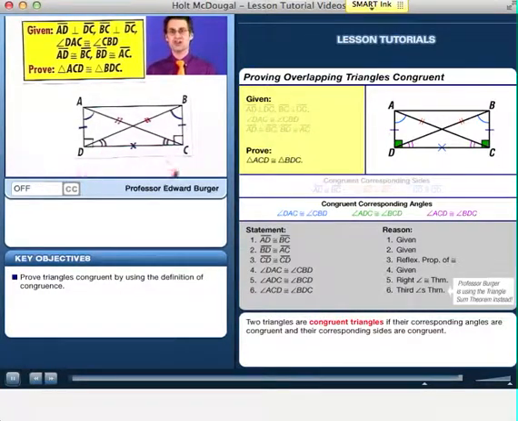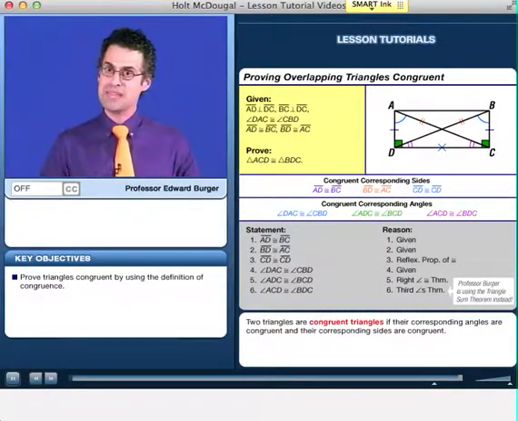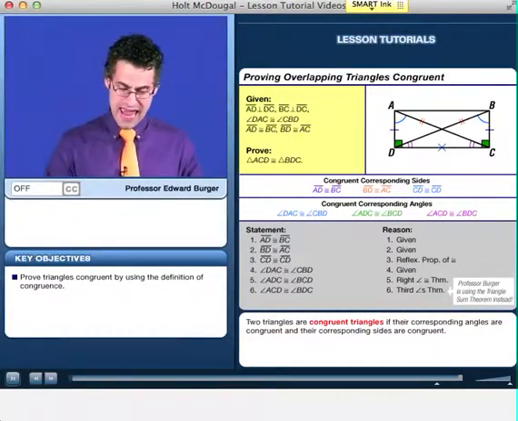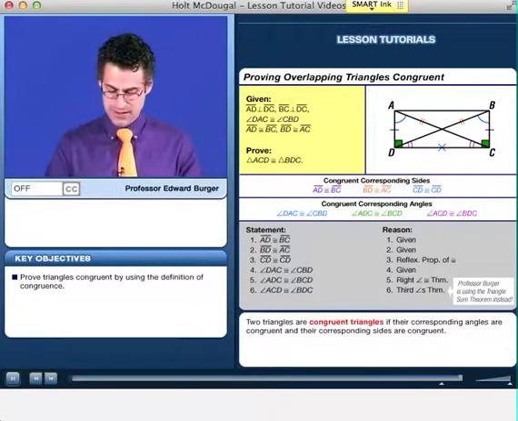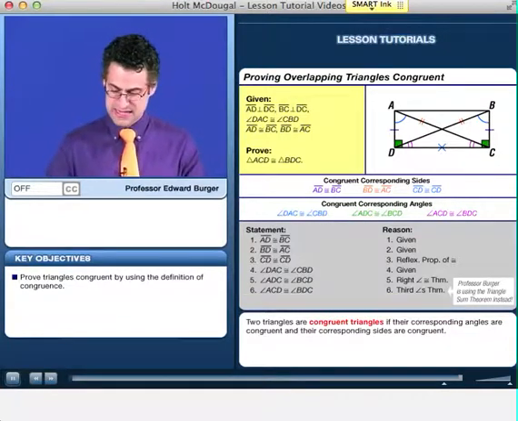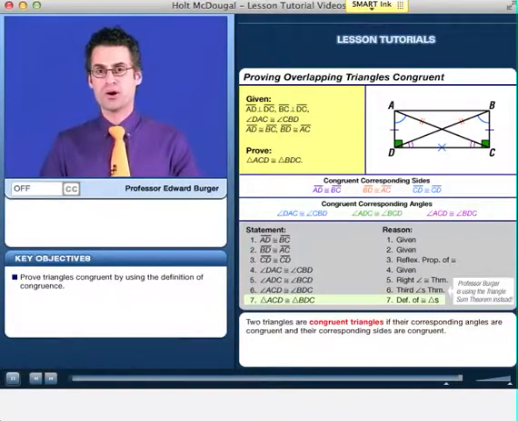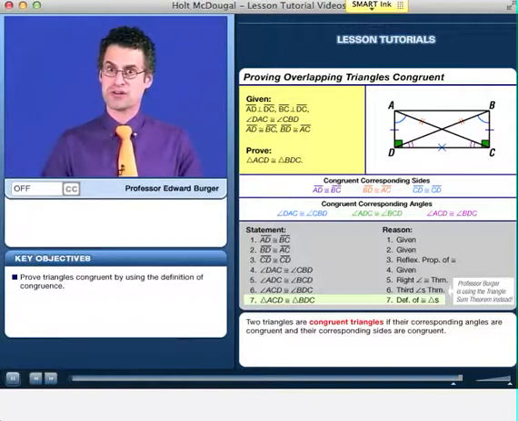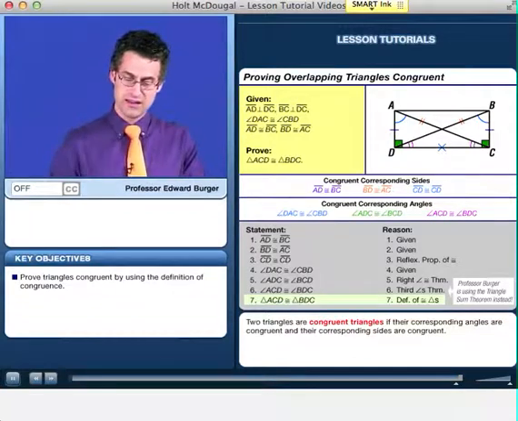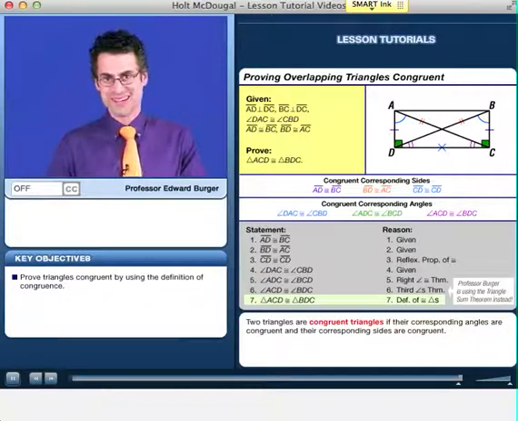And we've just shown that every single angle can be paired up on one triangle with a corresponding angle on the other, and each pair is congruent. That means triangle ACD is congruent to triangle BDC. So it's so important to make sure that we have all corresponding parts corresponding appropriately, and those parts are congruent, and thus we finally prove the theorem. Congratulations.